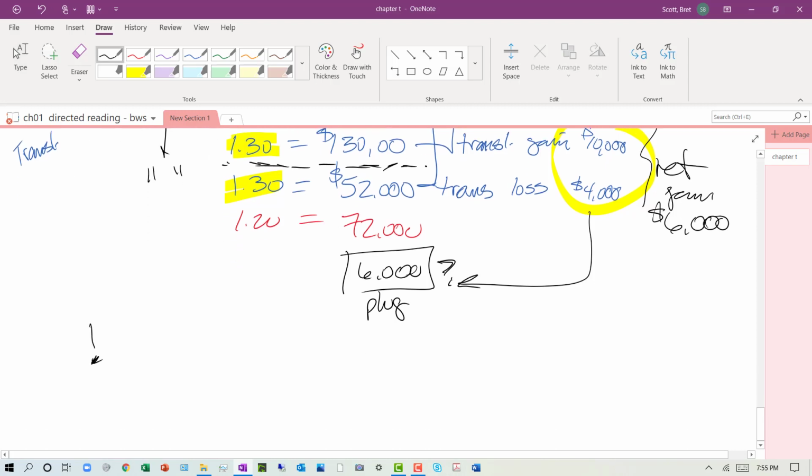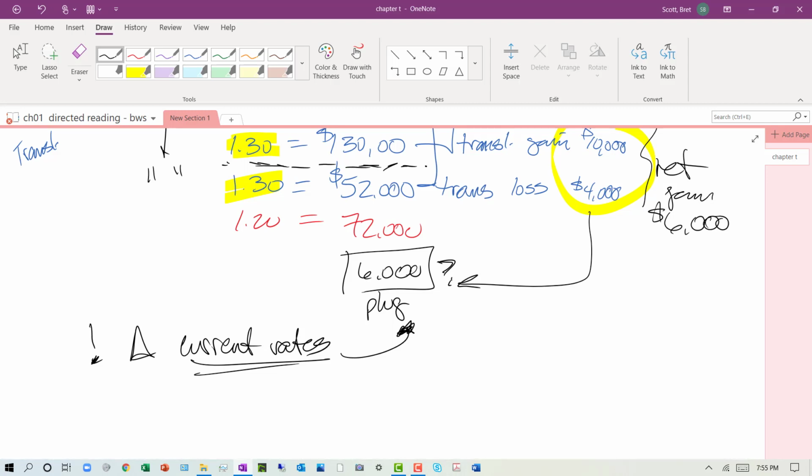The enemy is the change in current rates. Historical rates don't change, so if there's any type of gain or loss, it's due to changes in the current rate. And next year, those current rates will still be different. So it's the current rates that are causing this plug figure to change up and down year after year, and we have to understand why.